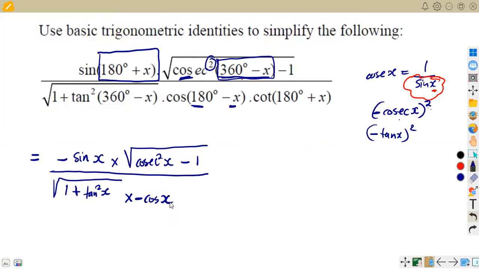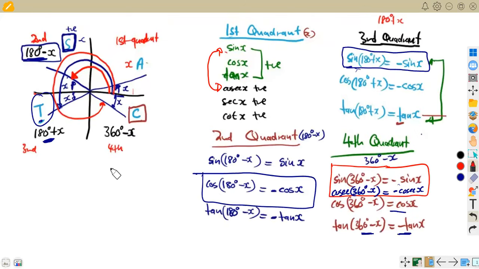So we've got minus cos x there, multiplied by cot(180° + x). What we want there is cot, which comes from tan. So we want to check what happens with tan. If tan is positive, cot is also positive, and 180 plus x is the third quadrant, where tan is positive. So cot is also positive because it's from tan.